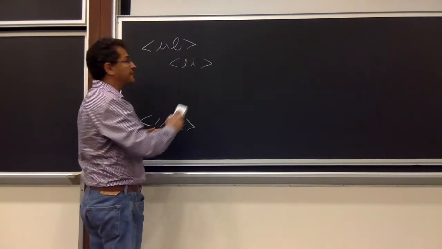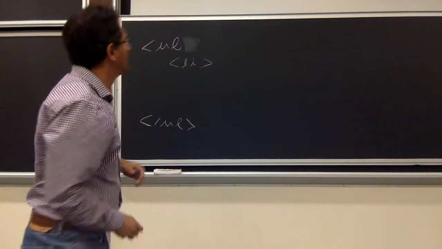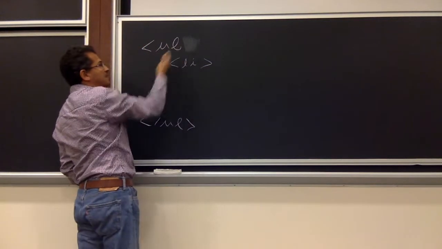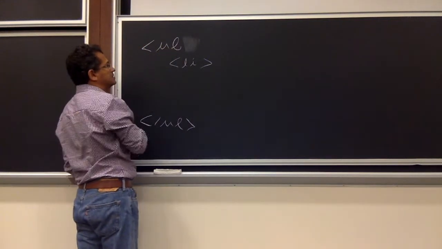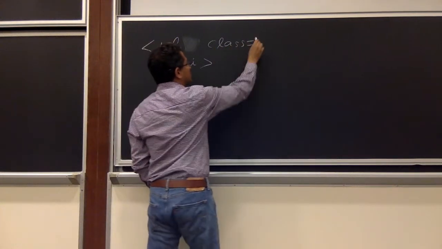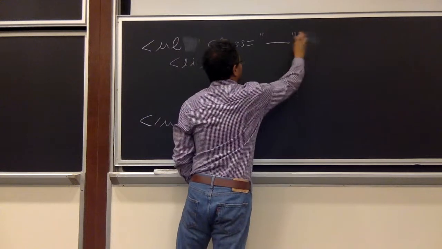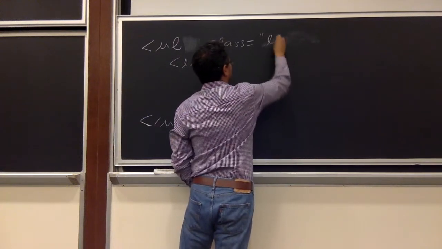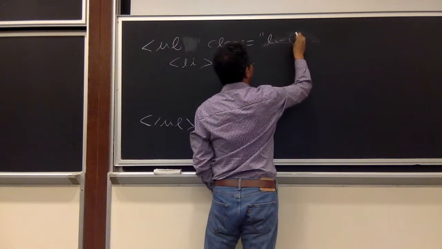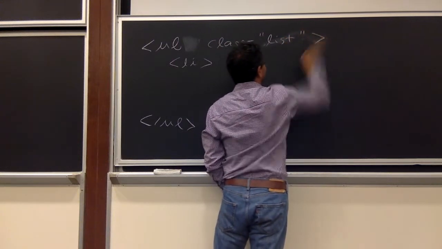Elements can also have attributes that allow you to specify more information about that one element. For instance, you can have an attribute like class set to list.